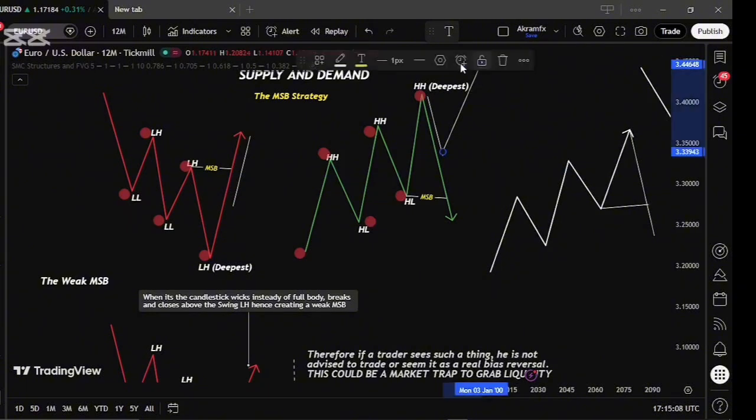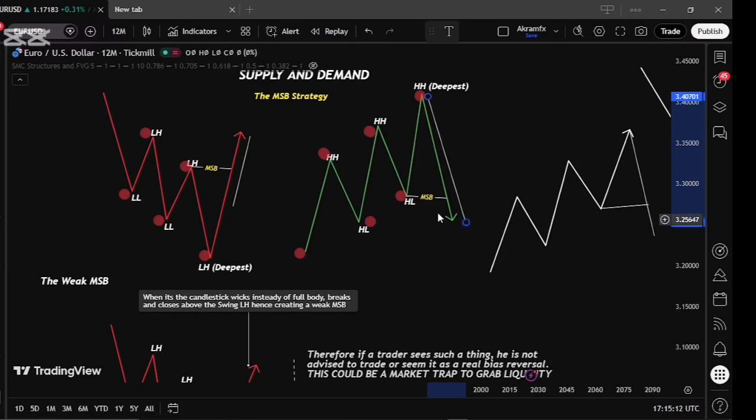But when price comes downwards and breaks the recent higher low that created the deepest higher high, then we know that the market structure has broken. That's the market structure break, and it means the buyers are losing momentum and sellers might get in.